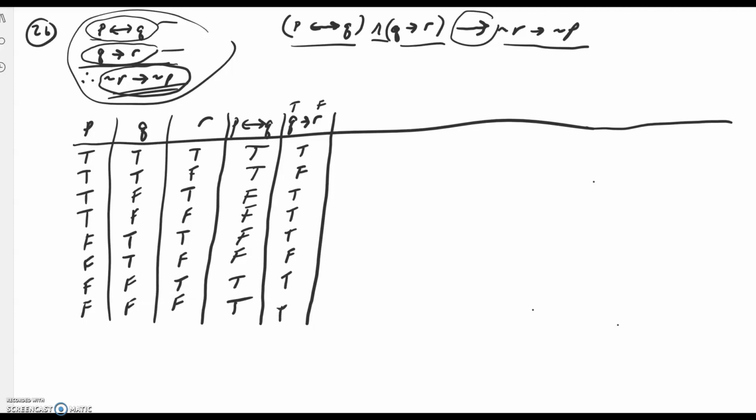And then it looks like we need an AND connecting those two. So we're doing an AND on these two, and an AND is only true when both of them are true.